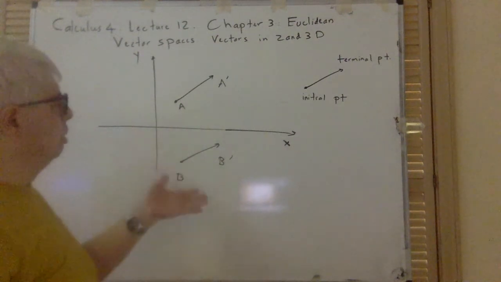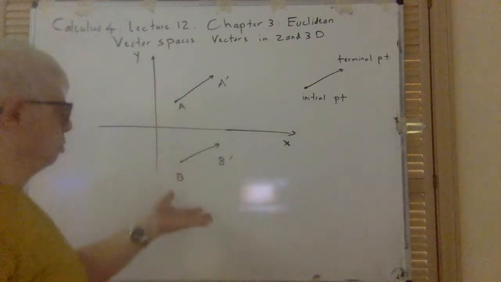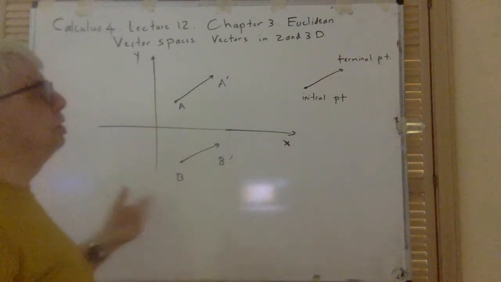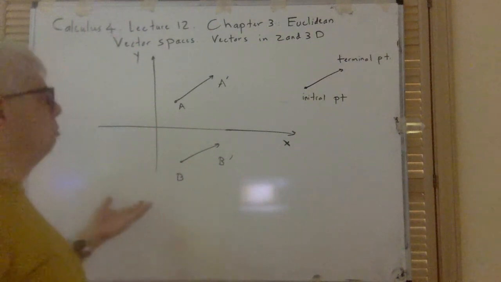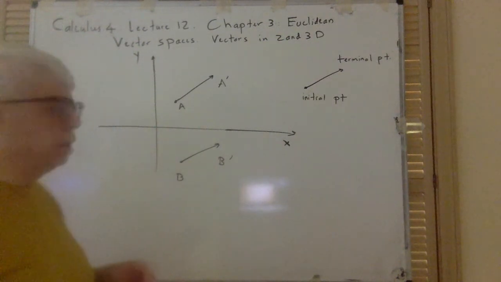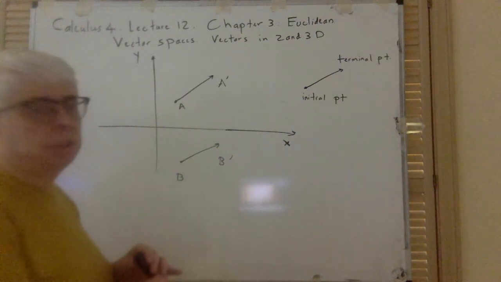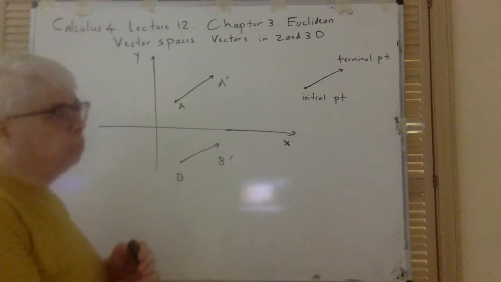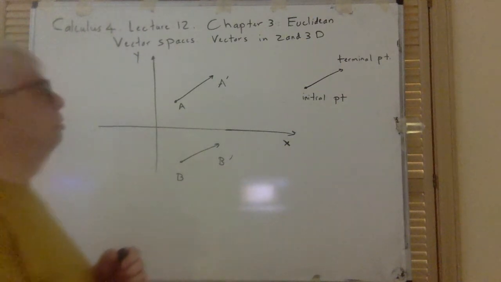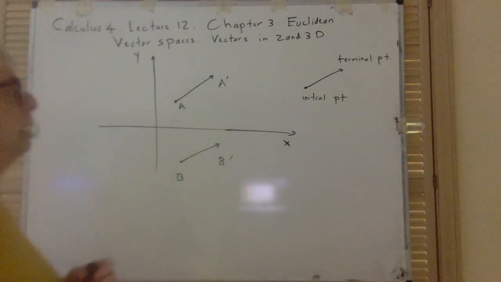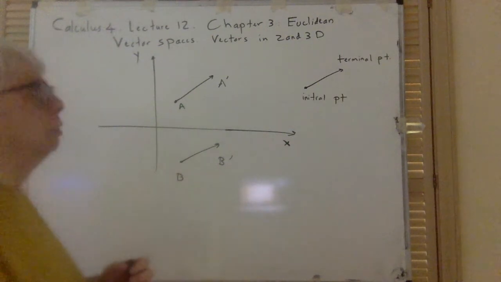So in order to represent or draw a picture or graph it in the XY plane, we can put it anywhere. We can put the initial point anywhere in this plane. That is, in fact, the reason when you draw a vector, you can just draw it anywhere.